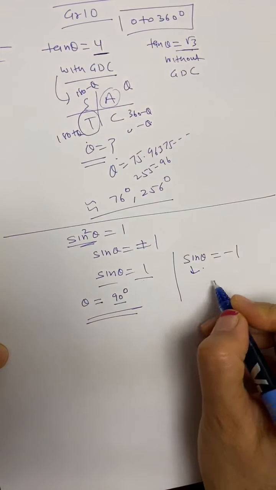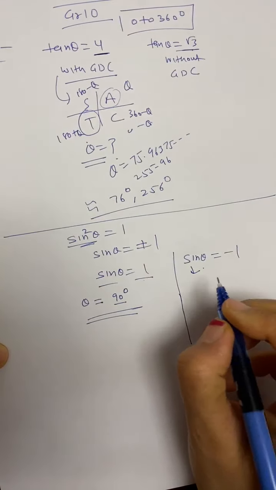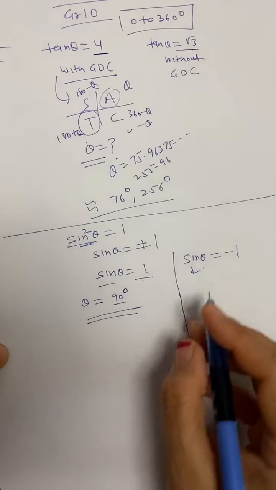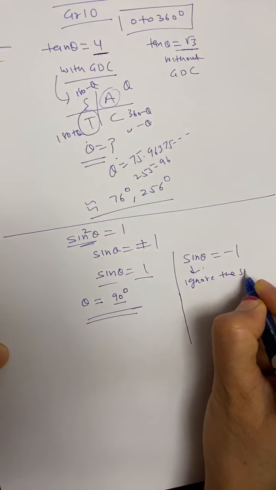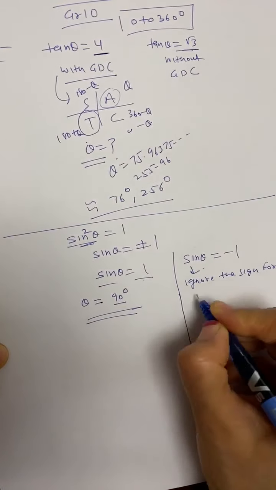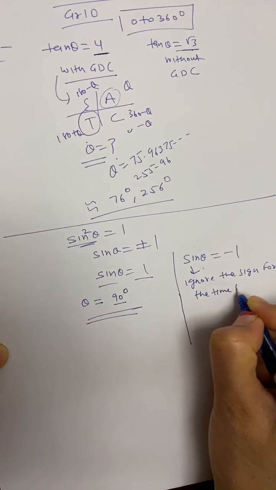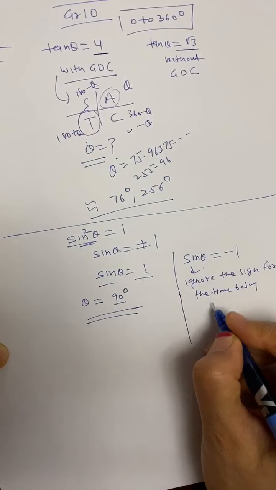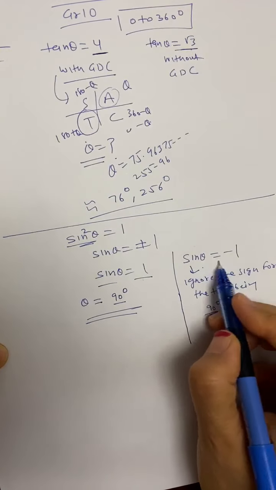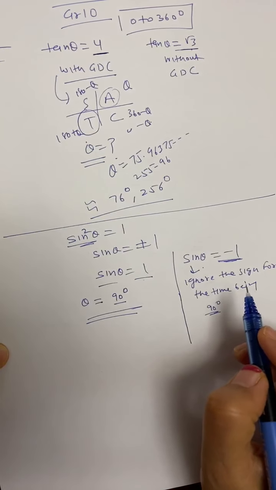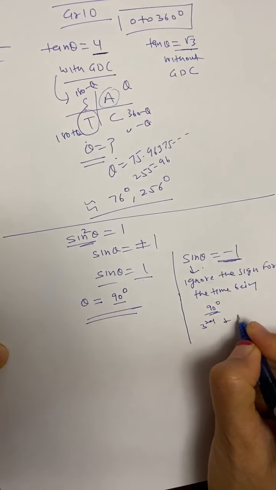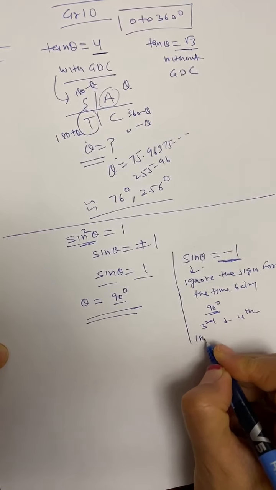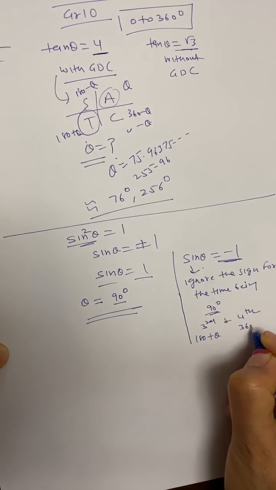Here when sine theta is negative 1, if you remember from the previous video, when it's negative, ignore the sign for the time being. When sine theta is 1, theta is 90 degrees, but obviously this doesn't correspond to negative 1. Now sine is negative in the third and fourth quadrant, and the third quadrant is 180 plus theta, and the fourth quadrant is 360 minus theta.